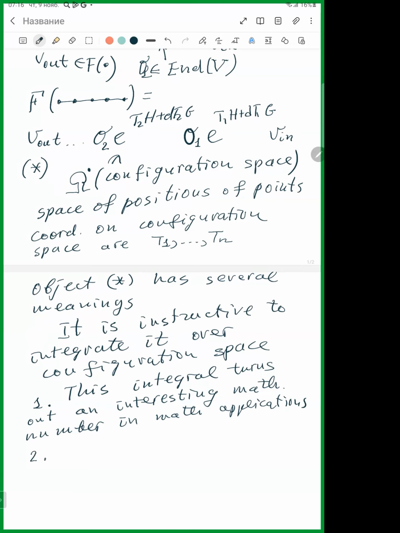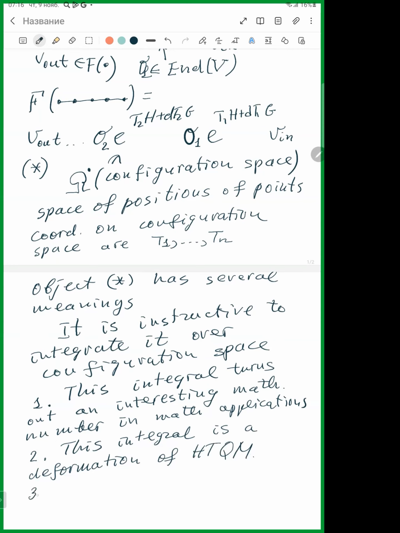Second, as we will see in a moment, this integral is a deformation of higher topological quantum mechanics.